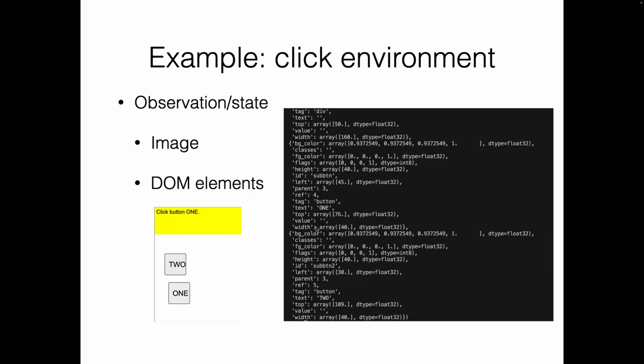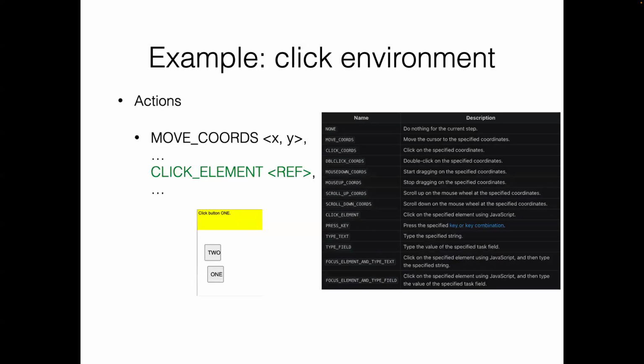And so you could see here, for instance, that over here we have the button and it says text 1. Over here we have a button which is text 2. And so you can imagine performing this task actually without even looking at the image and just using this as your observation.